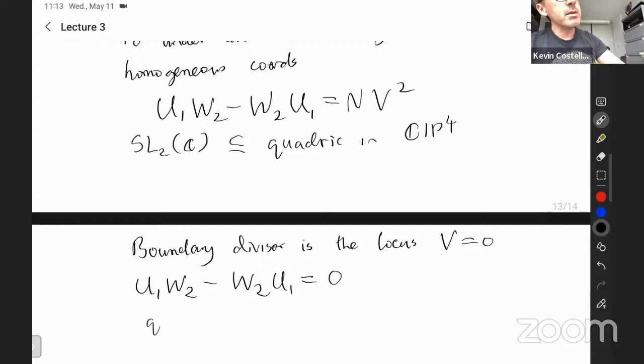This is a quadric in CP3. Well, as you might have seen in Anna's lectures, this is kind of standard in the study of scattering. Quadrics in CP3 are parameterized by CP1 times CP1.